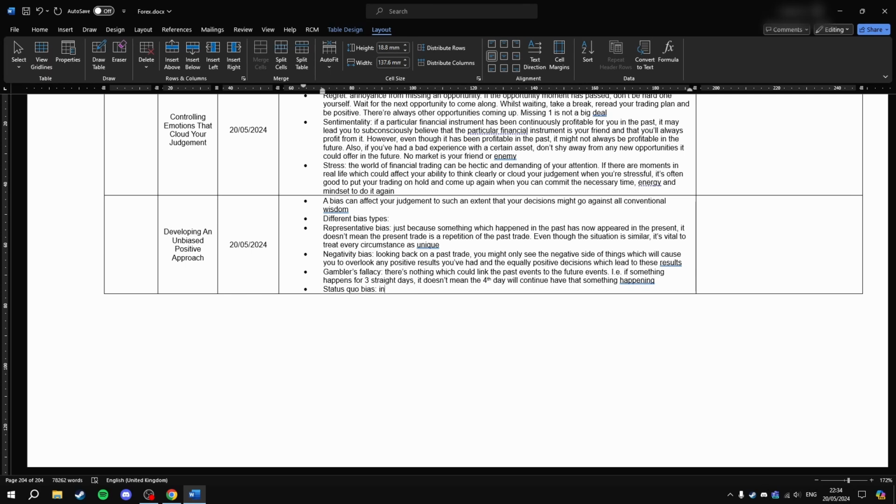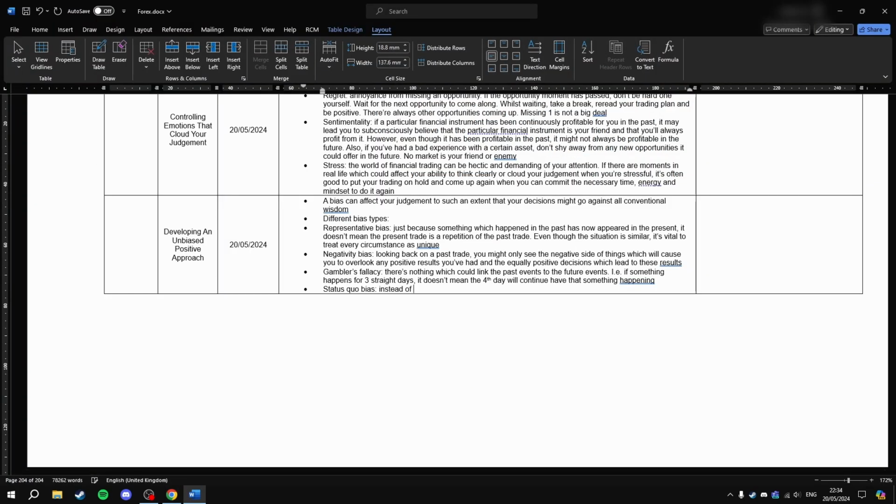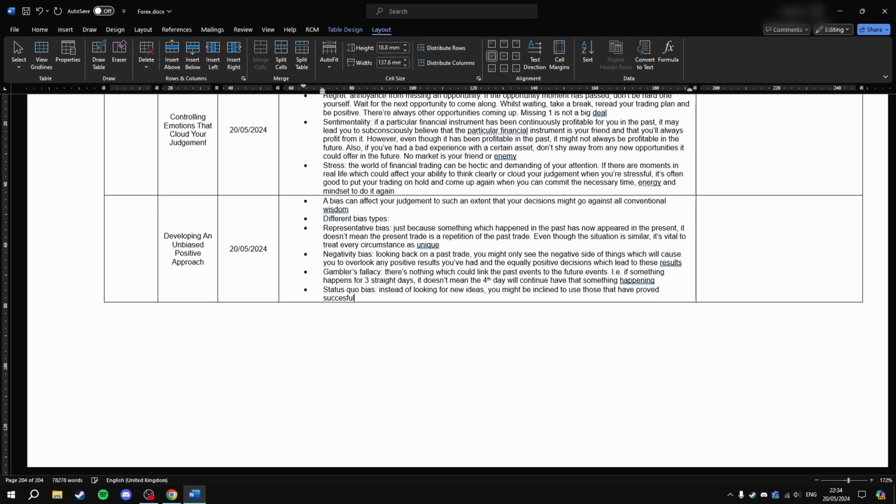You're not really looking to improve on what you've got, even though objectively the new method is going to be an improvement of the old one, but you just don't want to change, basically because you're too stuck on the current meta maybe.